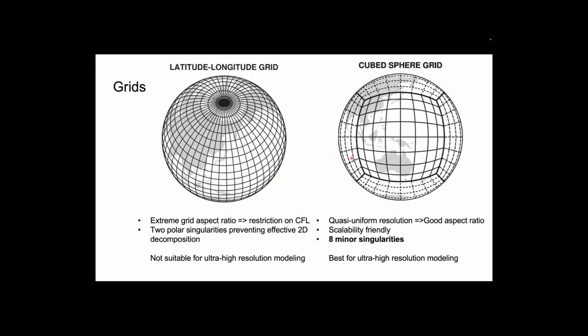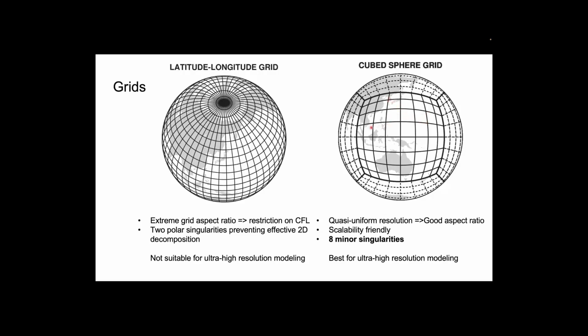On the other hand, the cubed sphere grid doesn't have these issues. Basically, we have a quasi-uniform resolution, a good aspect ratio over the whole globe. It's very scalability friendly. If you take a look here at one of the faces, you can easily decompose it, and each processor will take care of different points here.